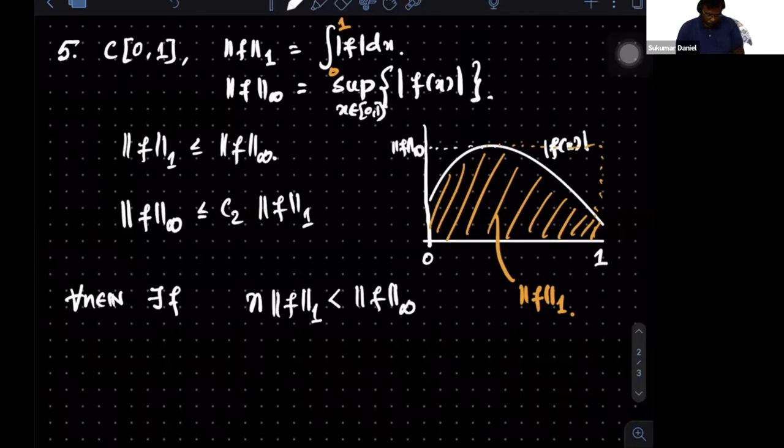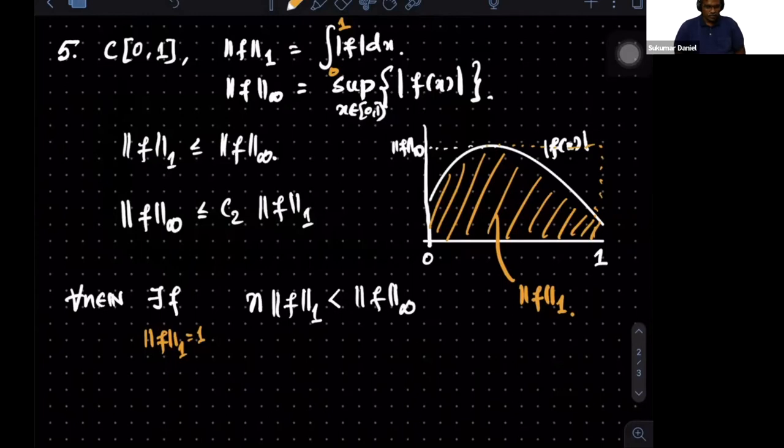Okay. So I'll suggest, suppose I'm looking for the one norm to be 1, then the inequality just becomes n is less than norm infinity. So what are the functions for which you know the area under the curve is 1?